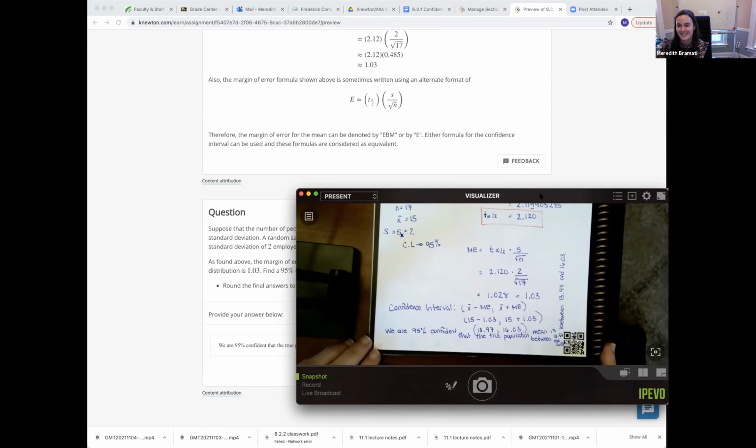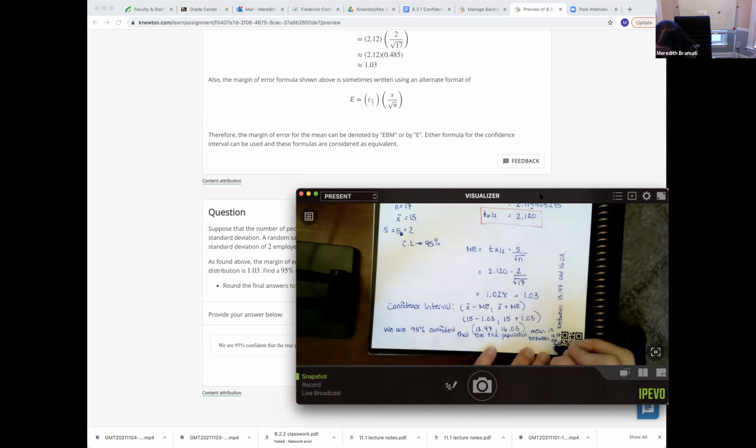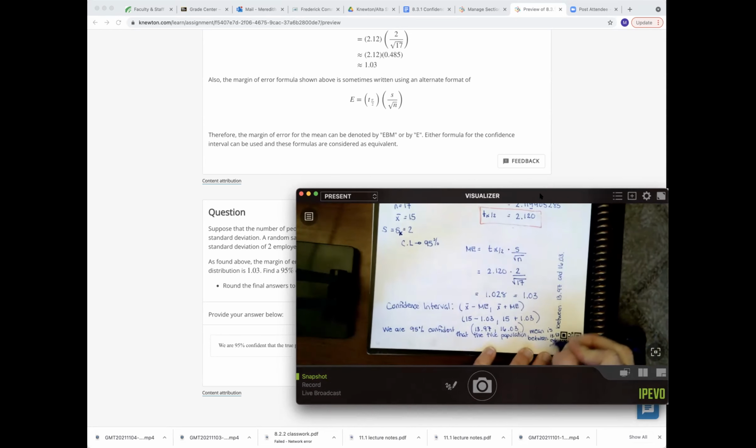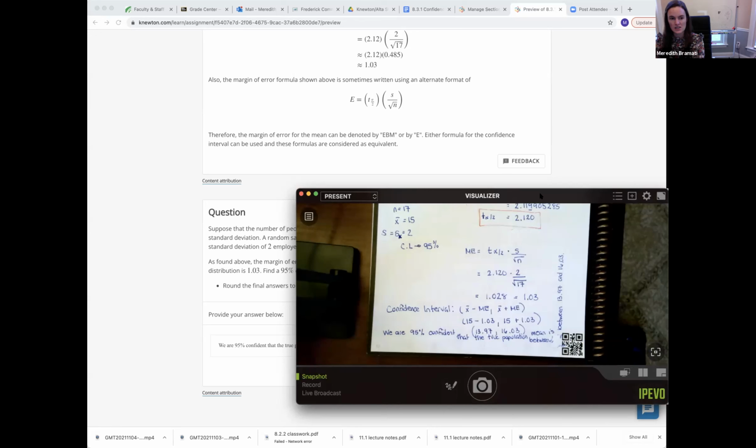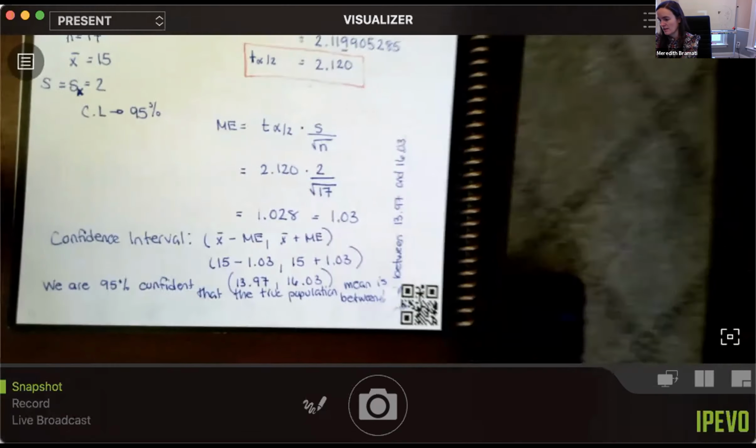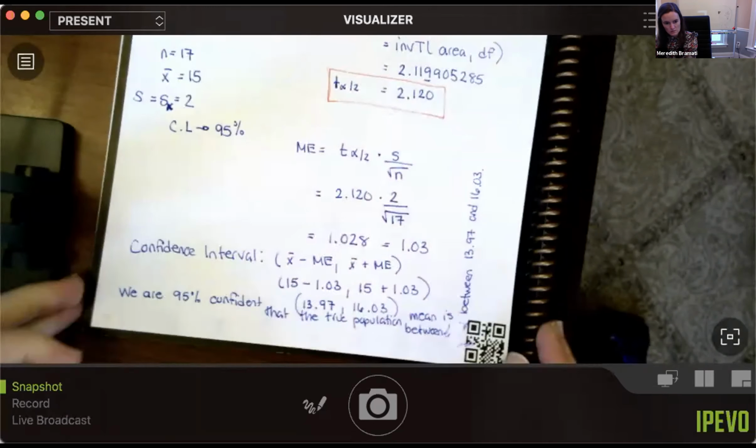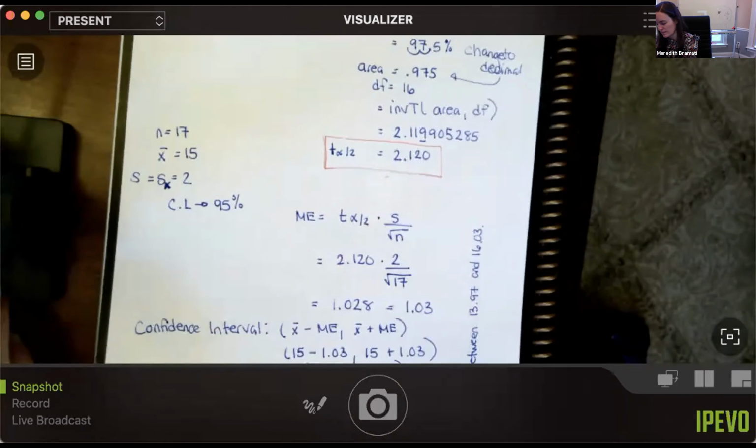Is there any way that you could enlarge the visualizer? I just wanted to take a picture of that whole page. Sure. I don't know if I can get the whole page in, but yes, I can make it larger. You said that you put these notes up, right? I do, yes. Here, I can get you as much as possible.